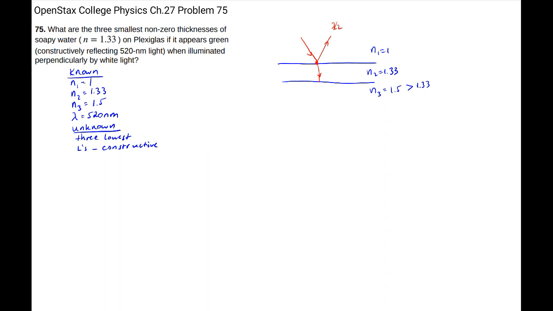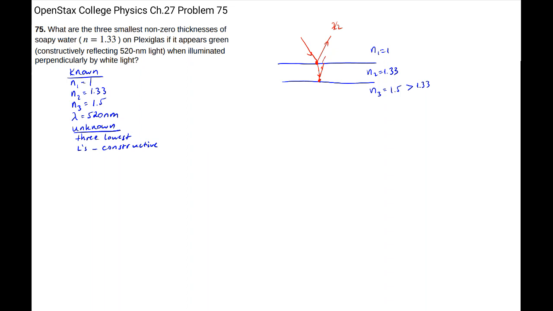Now, the beam went through and now bounces off the bottom part of the thin film, and again we're going from 1.33 to 1.5, so we're going to a larger index of refraction, and that means that at this point the reflection will pick up another phase shift of pi, or path length difference of lambda over 2. When the beam refracts, there is never a phase shift picked up due to refraction, only due to reflection.